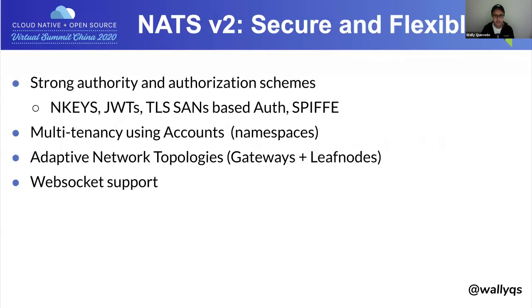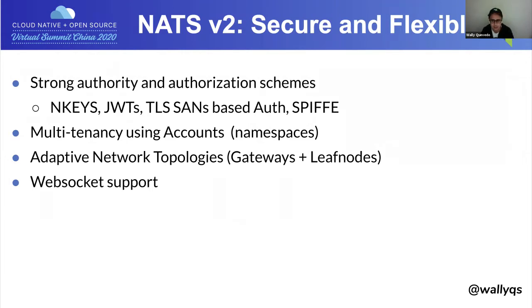In NATS v2, a couple of very interesting features that made it are the authentication and authorization schemes. You have things like NKeys, which are private and public key based authentication, also decentralized identities using JWTs. You can also use the SANs from the TLS certs for auth, as well as a SVID from SPIFFE certificates.